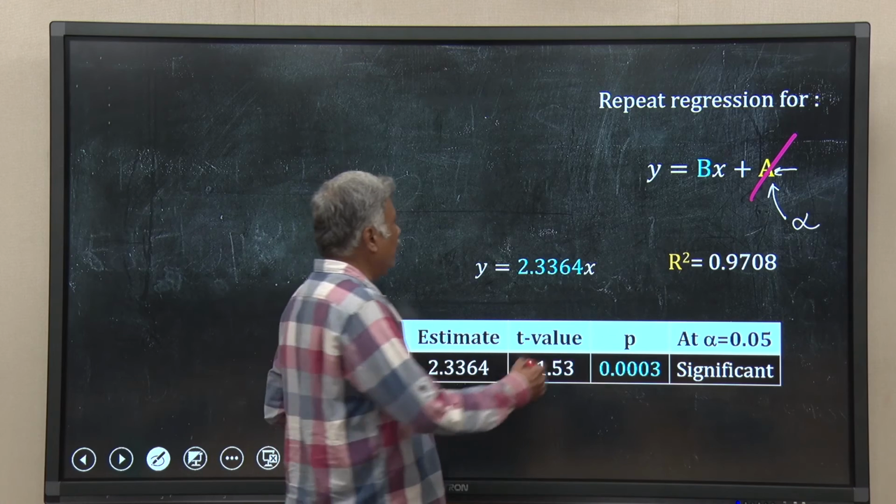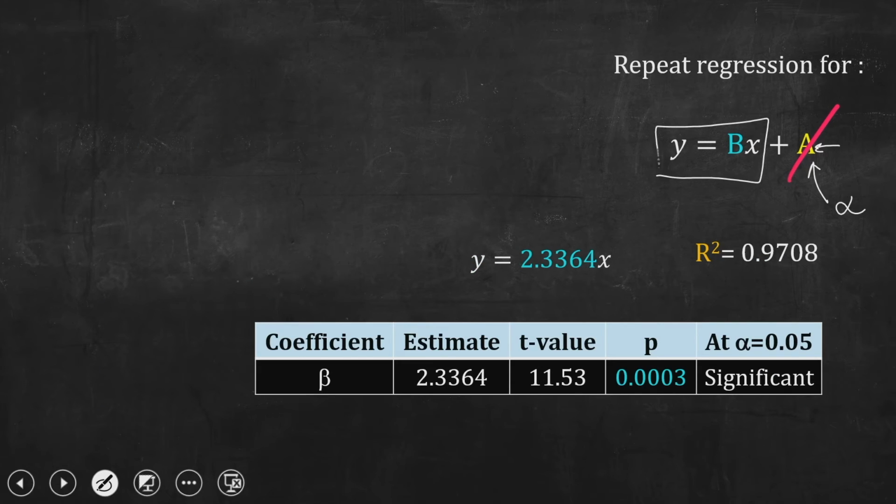So, I will have only y equal to bx or y equal to mx, and I have done the regression again using R, and I have got a new regression equation y equal to 2.3364 x, and if you look, R square has improved now, it is 0.9708. And again R has given me the statistical test result also.